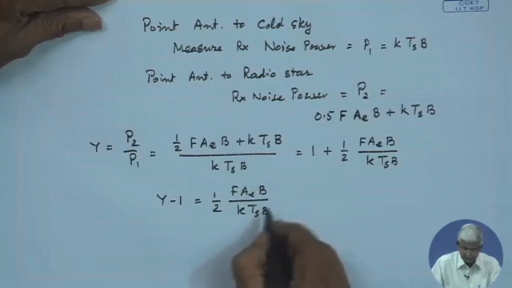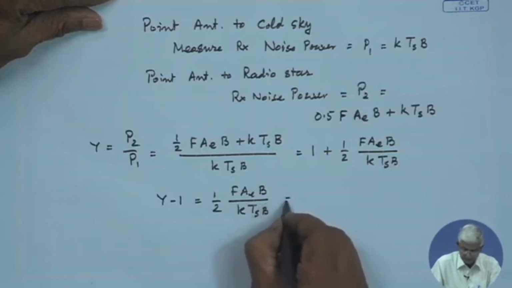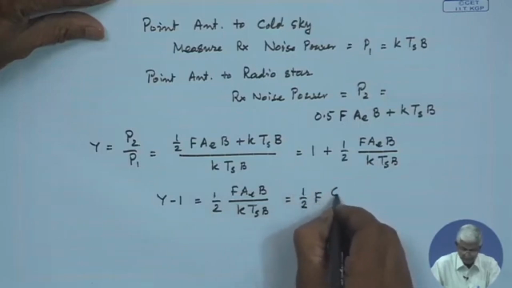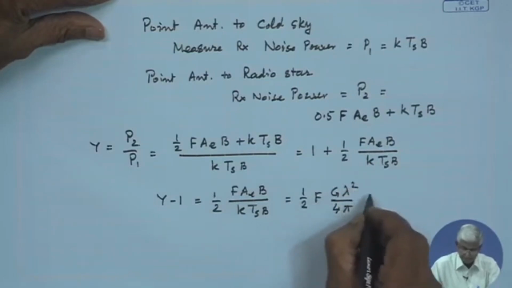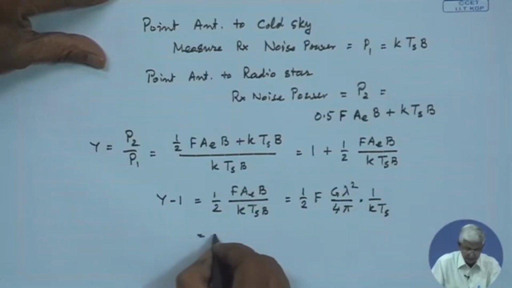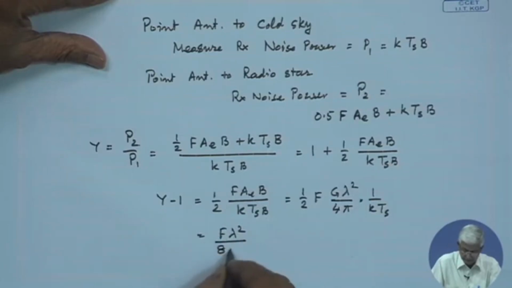and then B gets cancelled. In place of A_E, if I put the gain of the antenna, it becomes half F G lambda square by 4 pi, then 1 by K Ts. We can rearrange and say it is F lambda square by 8 pi K into G by Ts.